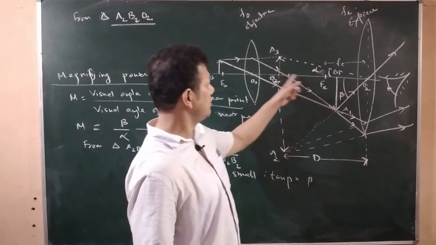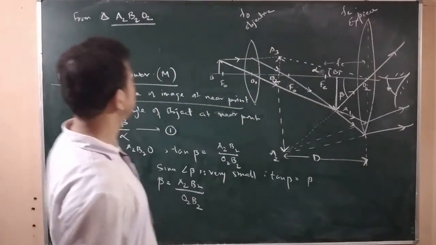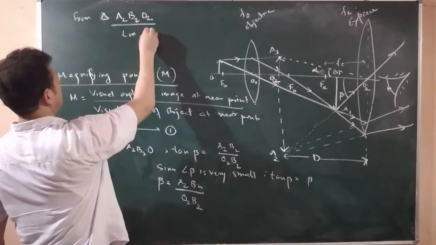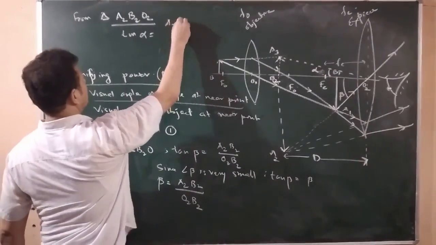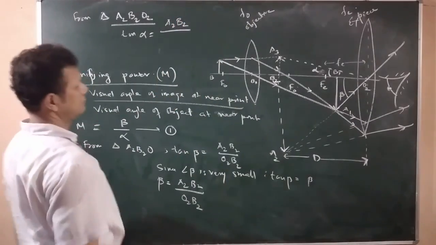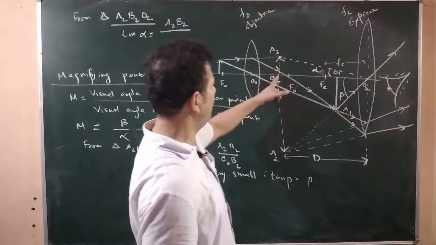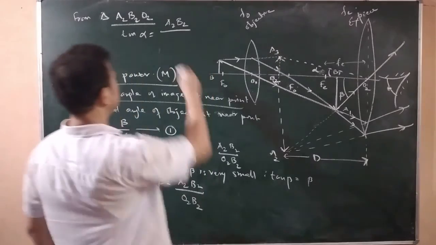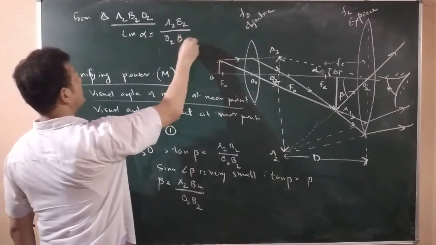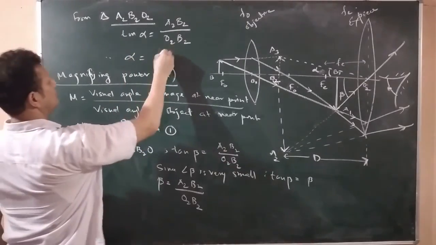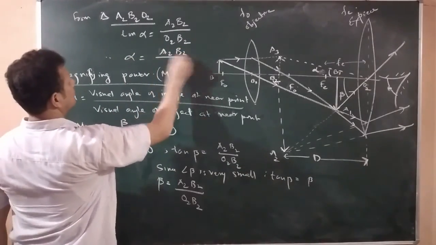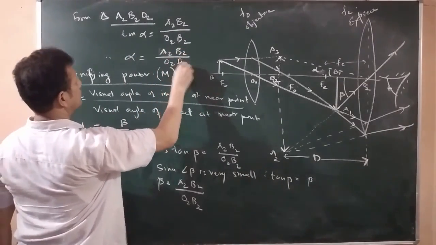In this right angle triangle, you find out tan alpha. Tan alpha will be perpendicular A3 B2 by base O2 B2. Again, alpha is very small, so directly alpha is equal to A3 B2 by O2 B2.